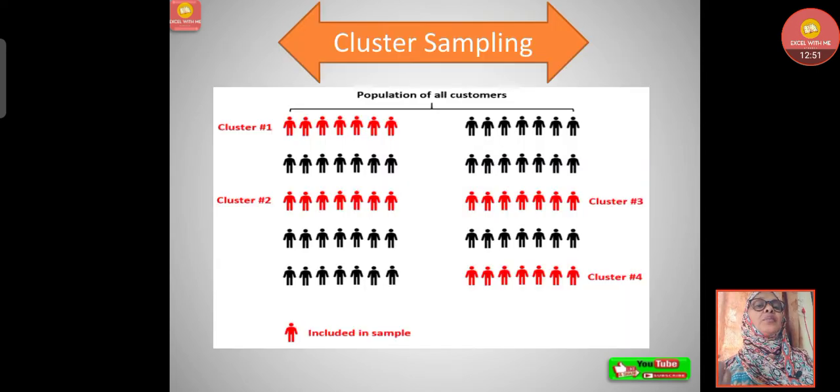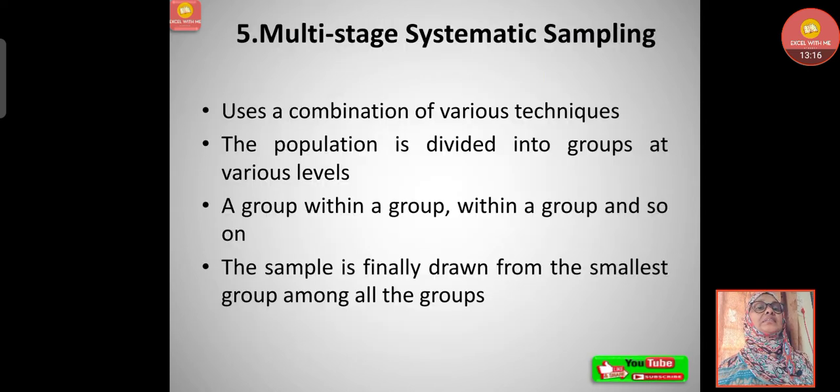So, that is the best example. Here our population is all customers, for example. We make one cluster of customers buying one product and then another cluster for a different product, cluster 1, cluster 2, cluster 3, cluster 4, whichever we want we take from those clusters. So, this is called cluster sampling.